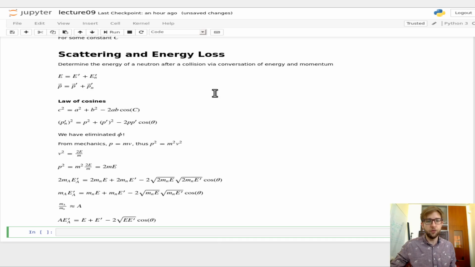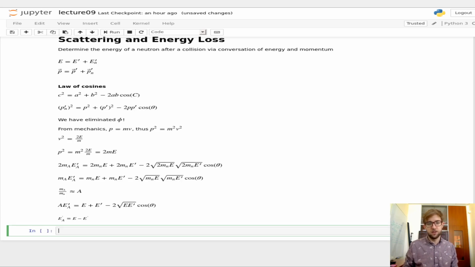And we know from up here, from our conservation of energy, that E sub A prime, the energy of the nuclide after the collision, is equal to the energy of the neutron before the collision minus the energy of the neutron after the collision, right?